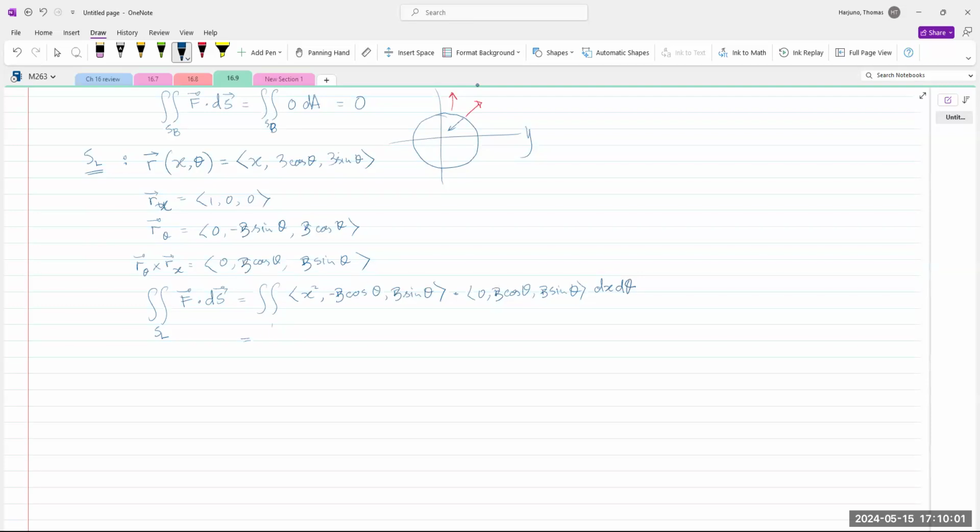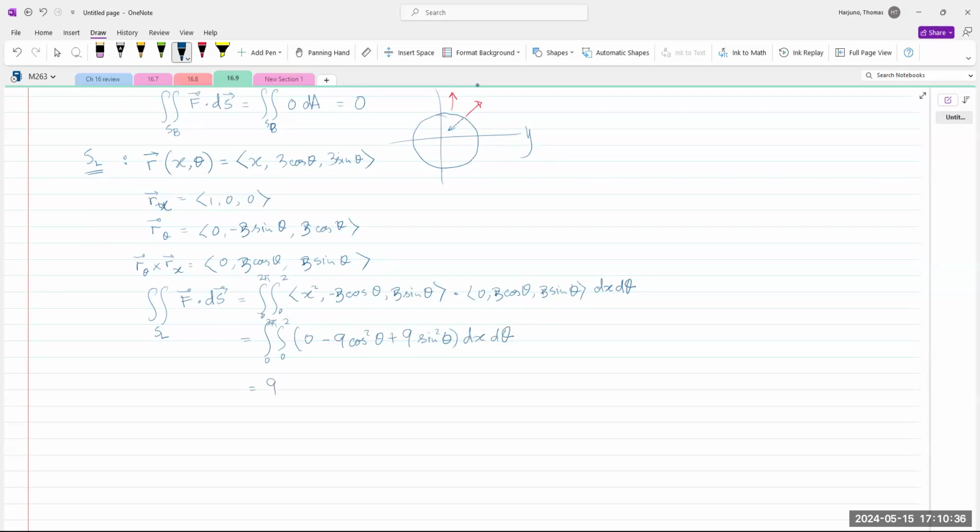Okay, but when we do the dot product, the x will be from 0 to 2, and the theta from 0 to 2 pi. But the dot product for x is 0. Then minus 9 cosine square theta plus 9 sine square theta dx d theta.